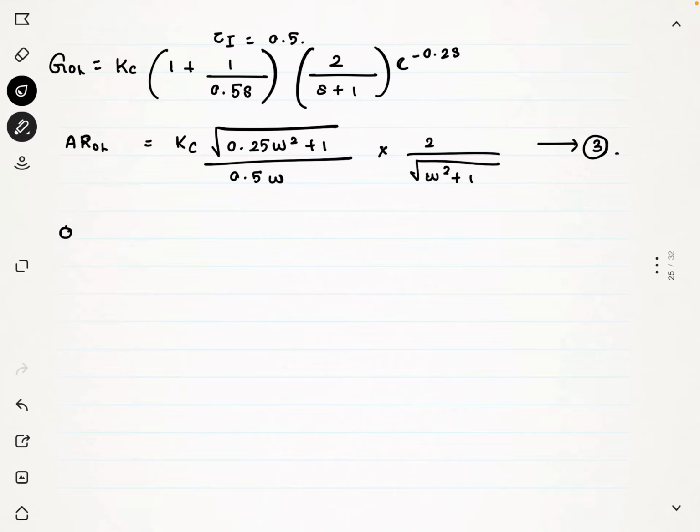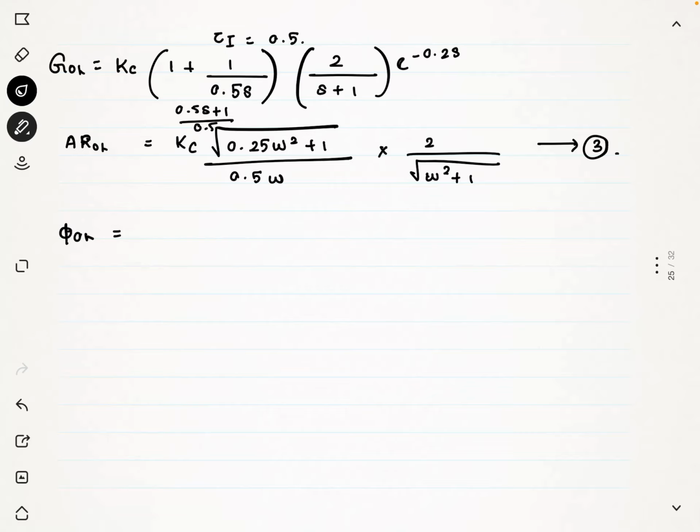And the phase angle of the open loop is equal to, so this can be written as 0.5 plus 0.5.